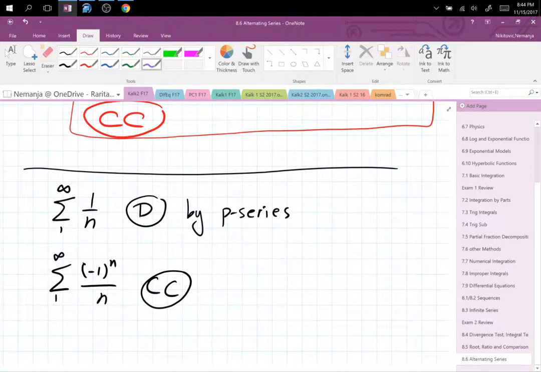Even though this is diminishing, it is not diminishing fast enough to add to a finite value. So 1 over n diverges. But this one over here is negative 1 plus half minus a third plus a quarter minus a fifth. So you see that it's adding a lot of negative terms. And that is enough to bring it over the edge of divergence, to push it down and ground it and have it converge.